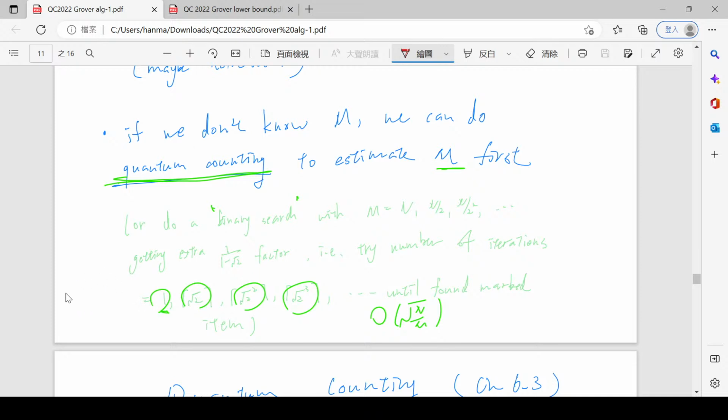So the extra factor is 1 plus 1 over square root 2 plus 1 over square root 2 squared, etc. And when you sum over a geometric series, that's just a constant. So you only get this 1 over 1 minus 1 over square root 2 extra factor in your complexity. Okay?